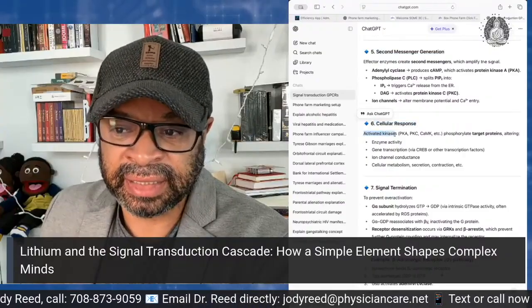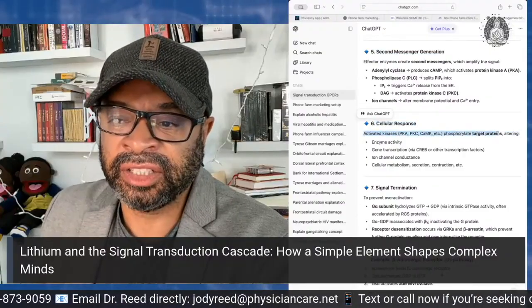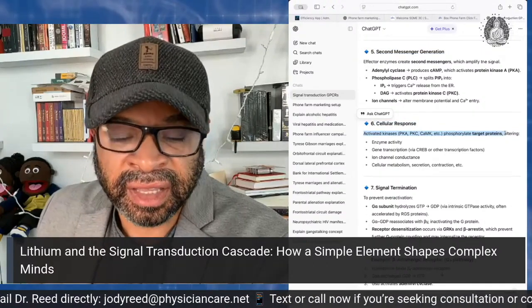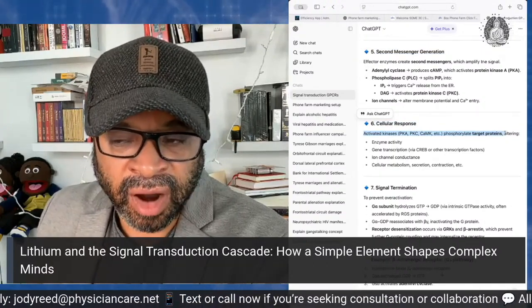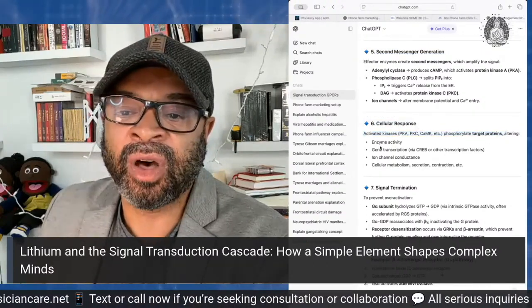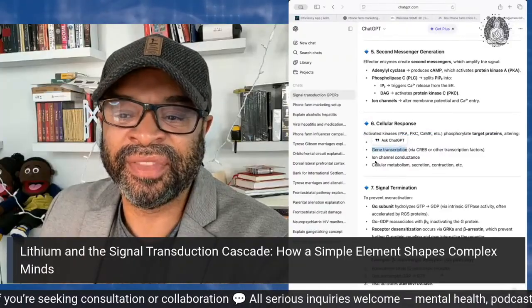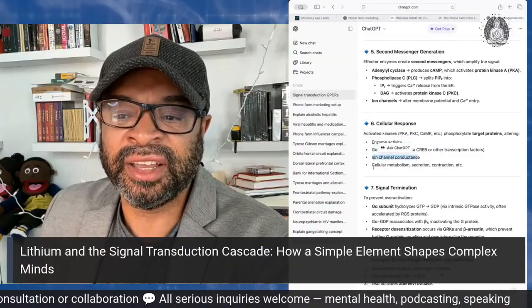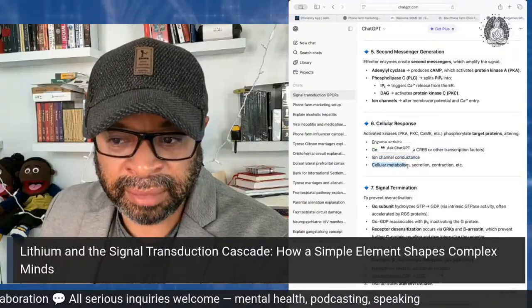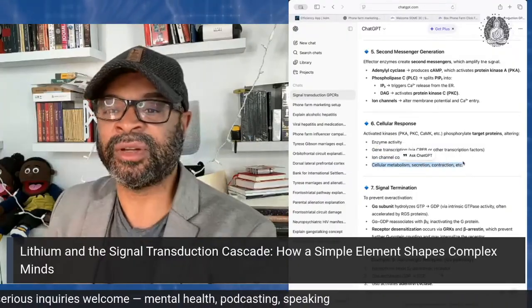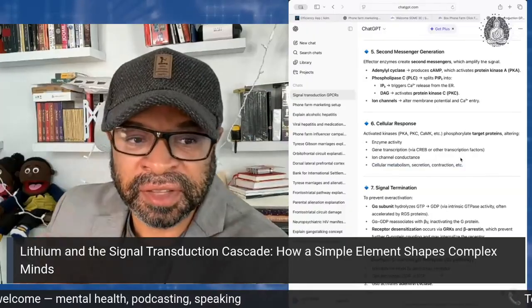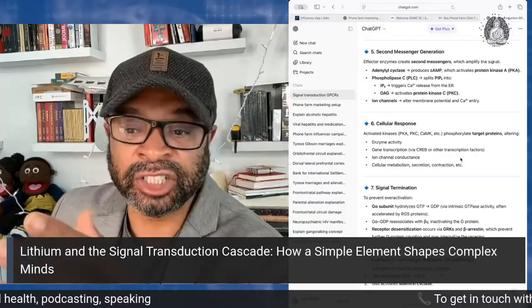Activated kinases phosphorylate target proteins, and this alters enzyme activities, gene transcription, ion channel conductance, and cellular metabolism, secretion, or contraction, etc. See, this is the point where the cell actually responds.